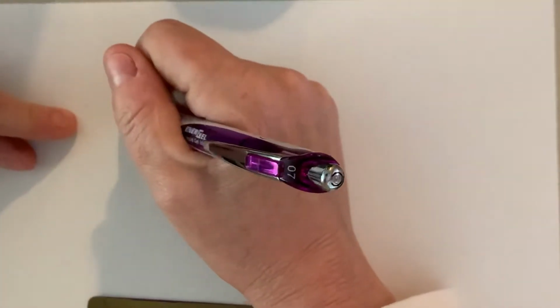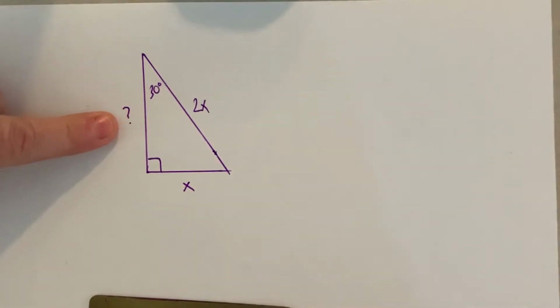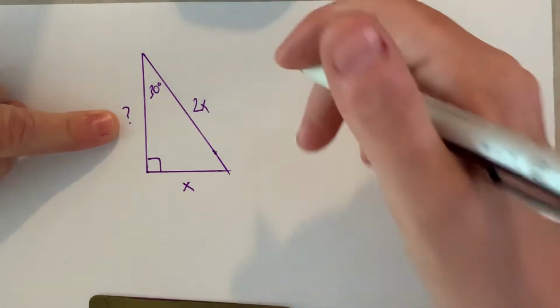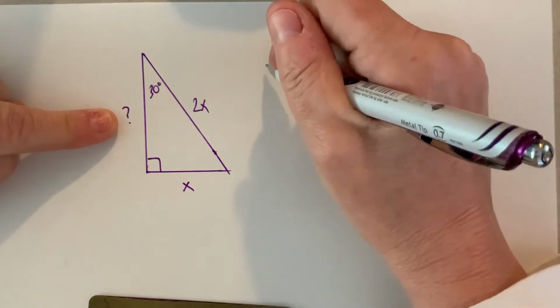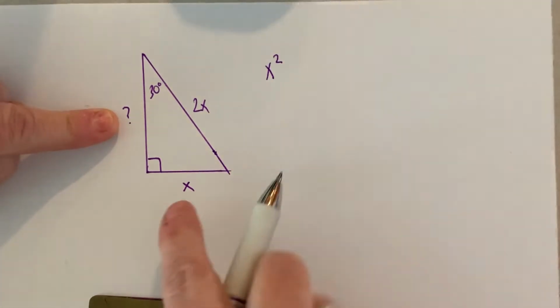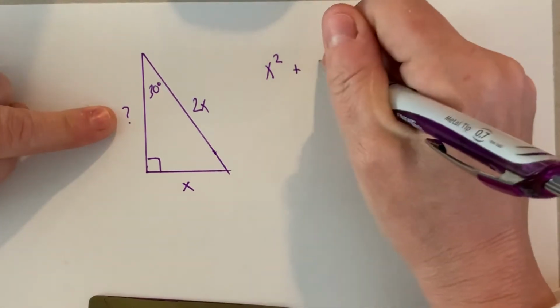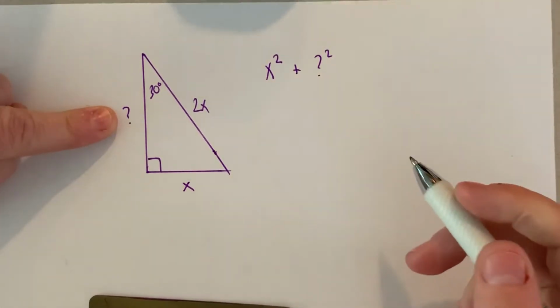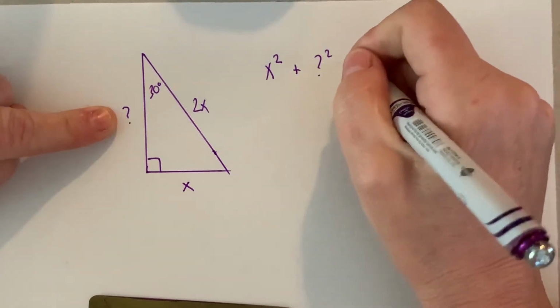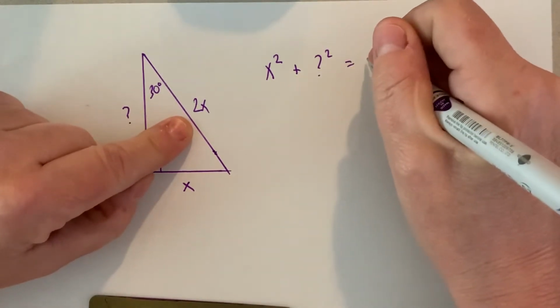And the question is, what's this other side? Okay, so I could use my variables and the Pythagorean theorem to try to figure out what is this question mark. Okay, so let's do that. X squared, this leg squared, plus question mark squared is equal to the hypotenuse squared.